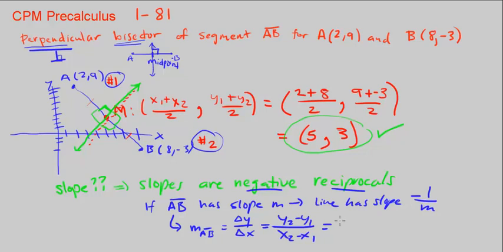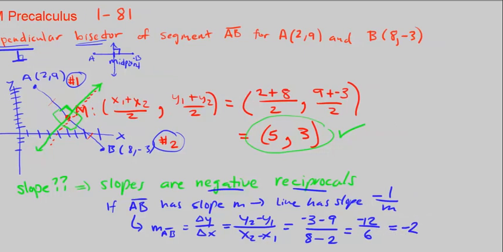Y from point 2 is -3. Y from point 1 is 9. So -3 minus 9 divided by x from point 2 is 8, minus x from point 1 is 2. So we get negative 12 divided by 6, which is negative 2.